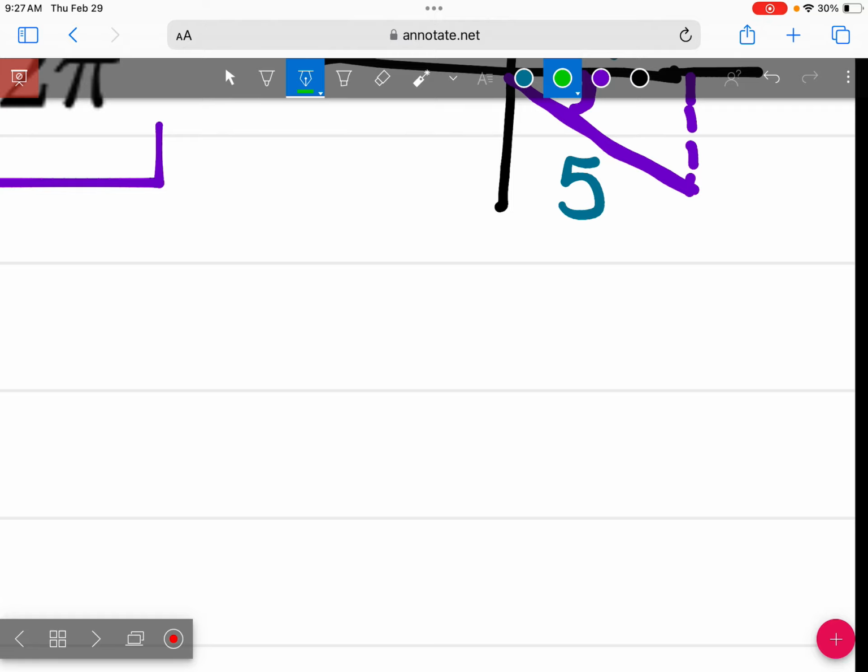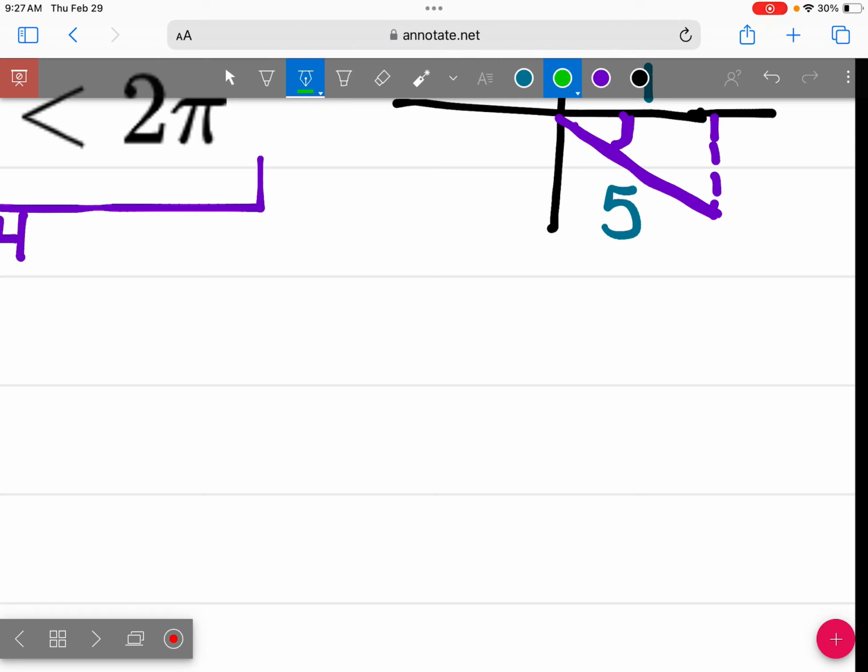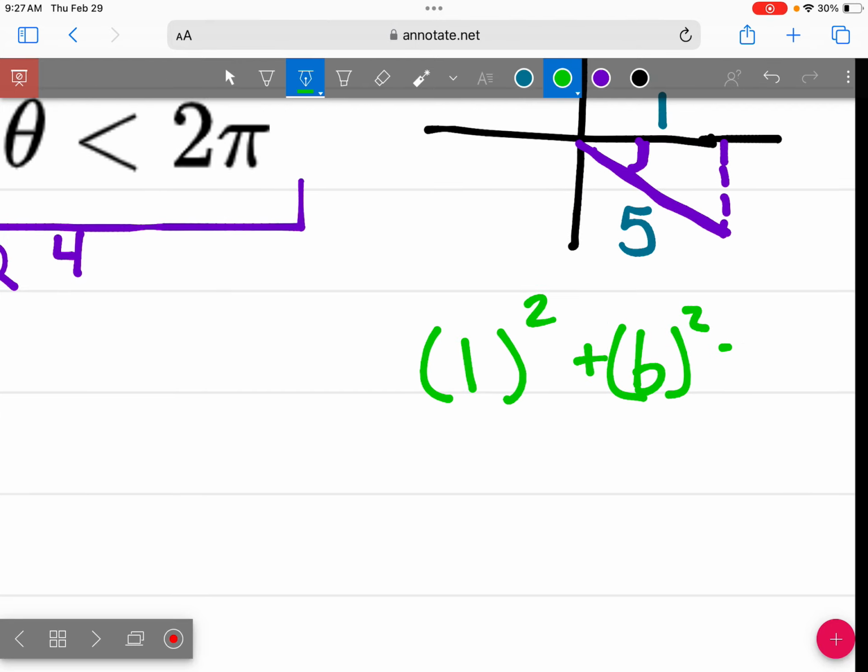That guy comes back so many times. So we're going to have our 1 squared plus something squared equals 5 squared. 1 plus b squared equals 25.